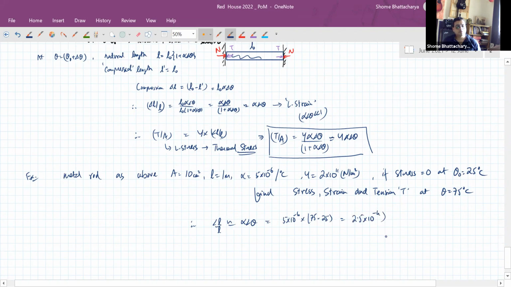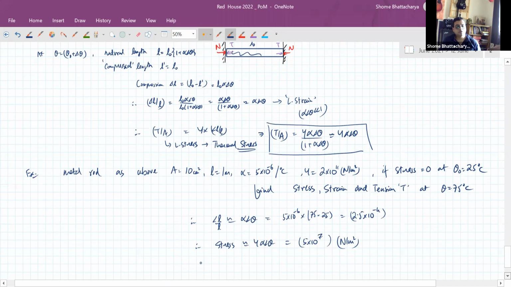So we can see that the strain is this much. So therefore, the stress, so the tension.